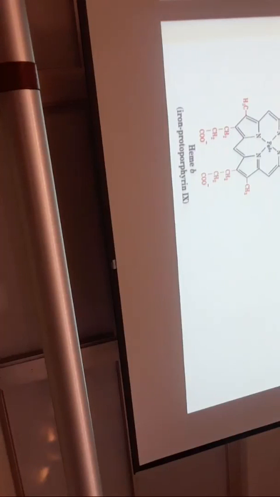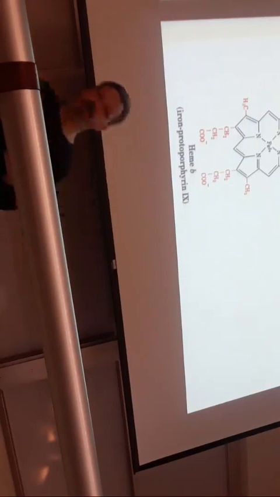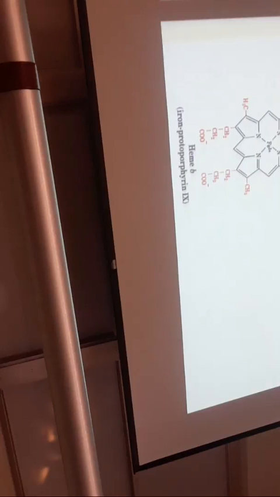You may remember that Dr. Baker has talked about how this porphyrin ring system is a quite delocalized electron system, and we can excite these electrons quite easily. That's why we see a red color in these heme-containing components. That's what makes our blood red.